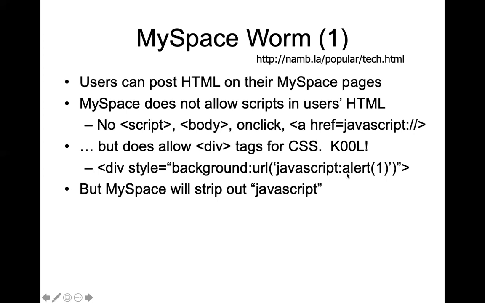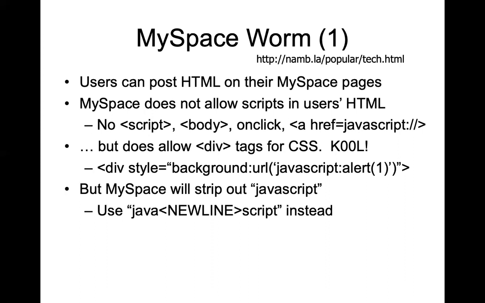But here's the problem. In those days, the Internet Explorer web browser, if you gave Java followed by a new line followed by script, would just treat that as ordinary JavaScript on the client side, and anything following that would be treated as JavaScript within Internet Explorer.